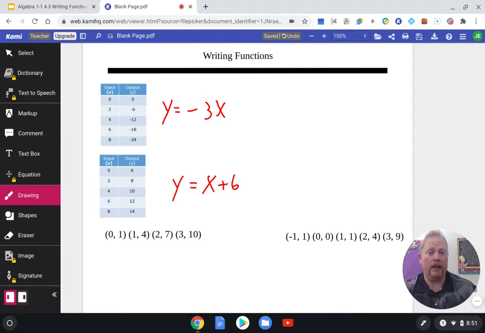I can multiply by 4, but is 2 times 4 7? No. Is 3 times 4 10? No. So there might be a couple things that I have to do in order to get this. Let's see, 2 to 7. What if I multiplied it by 2? 2 times 2 is 4, and then add 3.